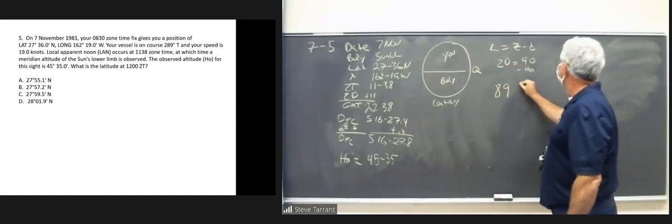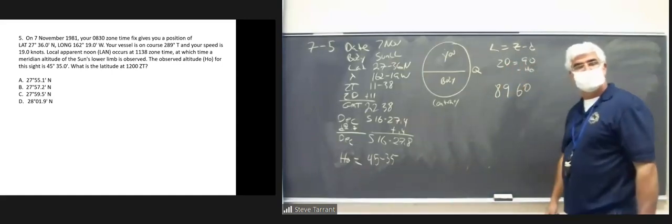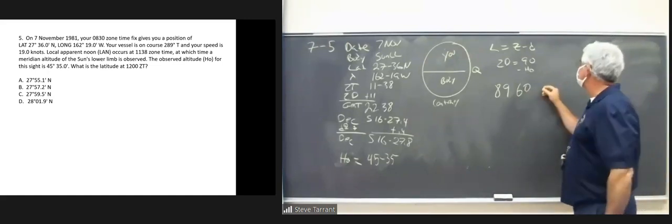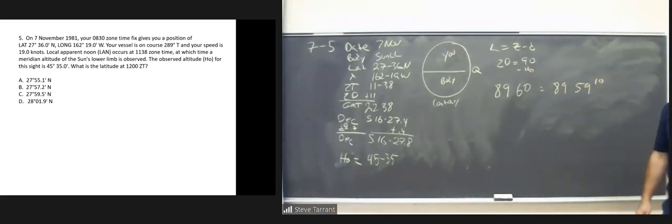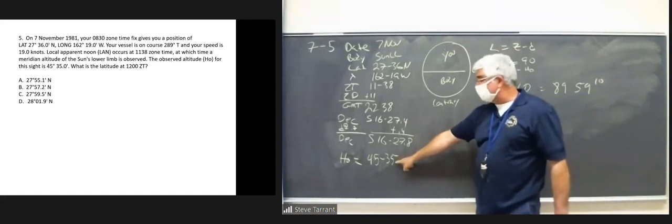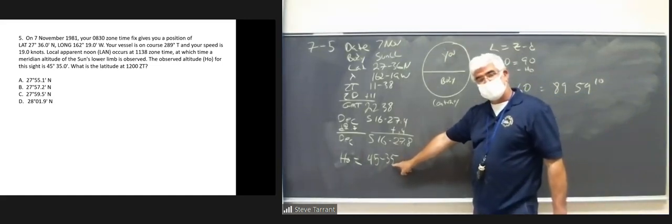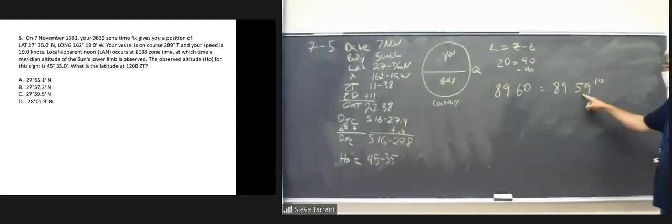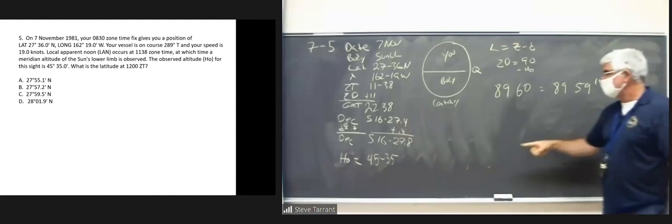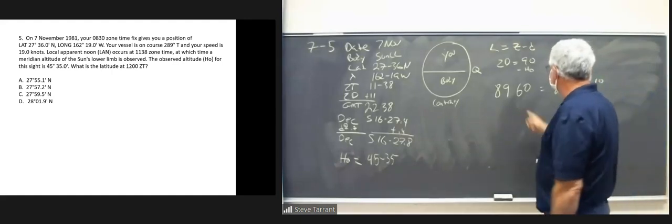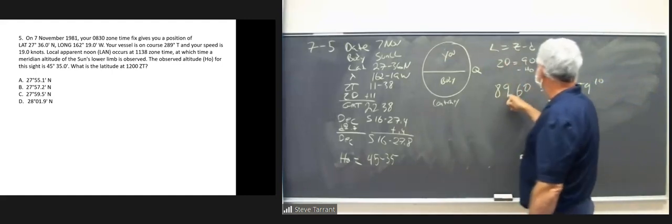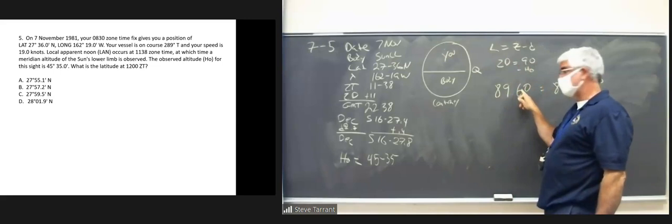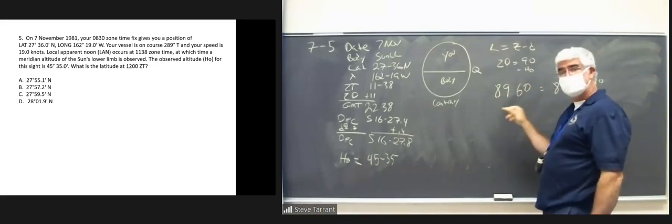So I'm going to say 90 is really 89 60, isn't it? Another way of saying this is also 89 59 and 10 tenths. See, if this was 35.3, I'd use 89 59 and 10 tenths, because I could just take the 3 away from the 10 tenths to be 7. But in this case, I don't need 89 59 10. I can just use 89 60. 89 60 is really 90, because 60 of these makes one of those. So I'm just getting it ready to do a little bit of math.